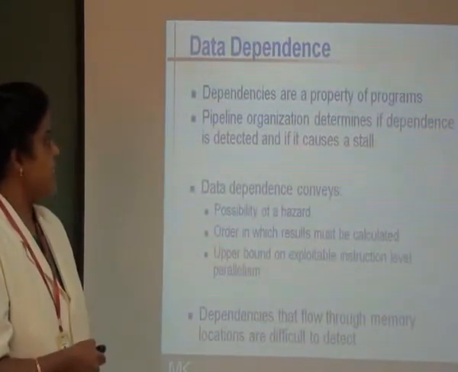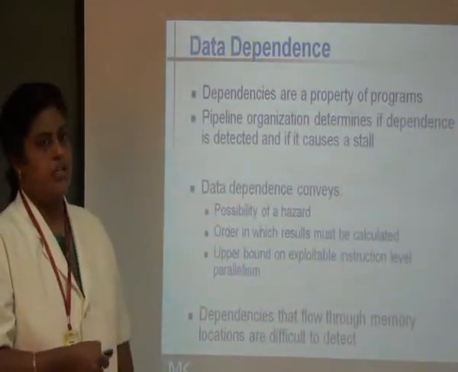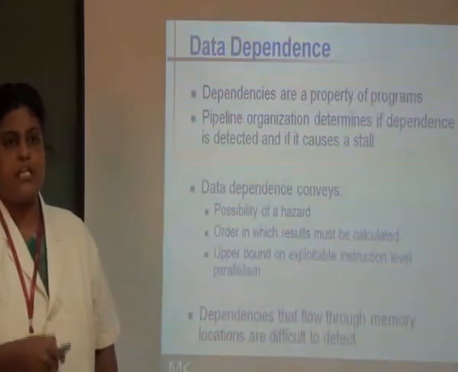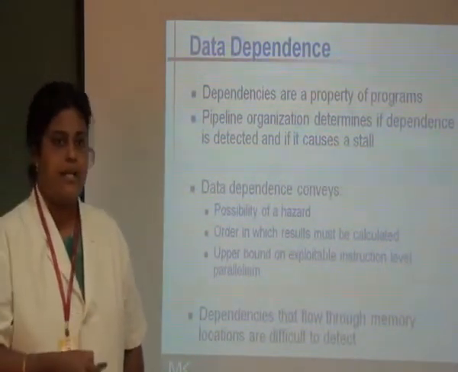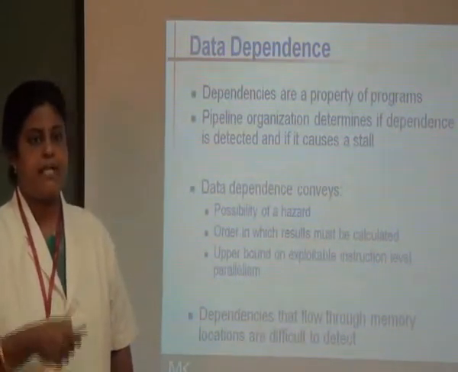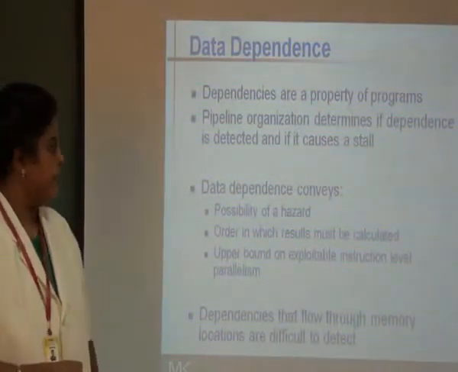Pipeline organization determines if a dependence is detected and if it causes a stall. Suppose there is a data dependence problem in our program and that data dependence is supposed to cause a stall, what could be done at the pipelining stage in order to remove this problem?